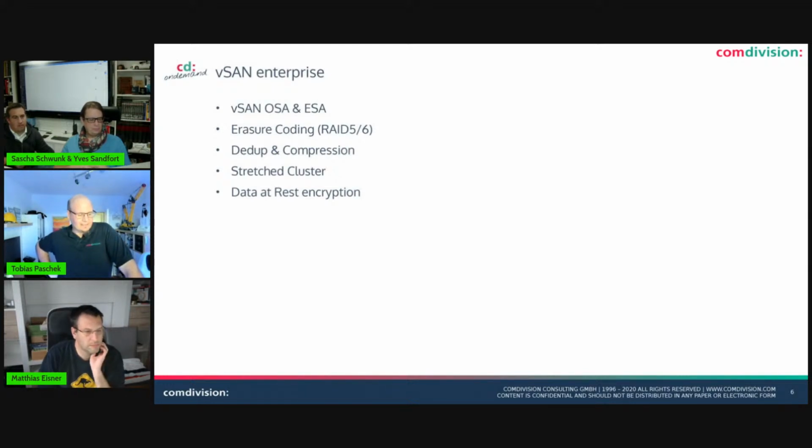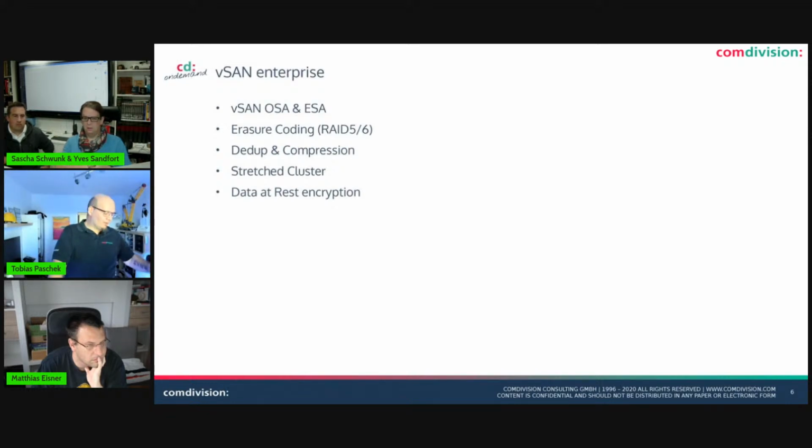Technically behind is OSA was capable of using all flash in an SSD only behavior, or maybe also in a hybrid scenario, where you have utilized SSD as a cache disk and magnetic disk as a capacity tier. ESA is an NVMe only based solution.